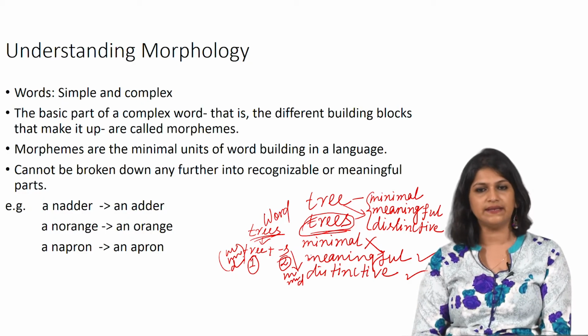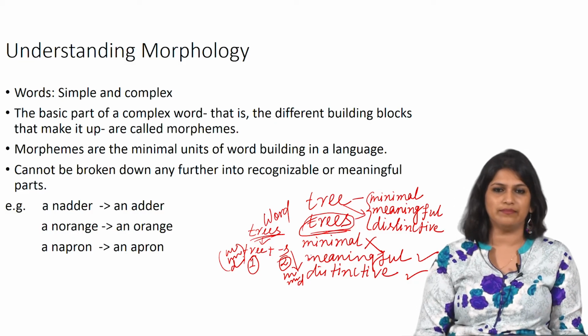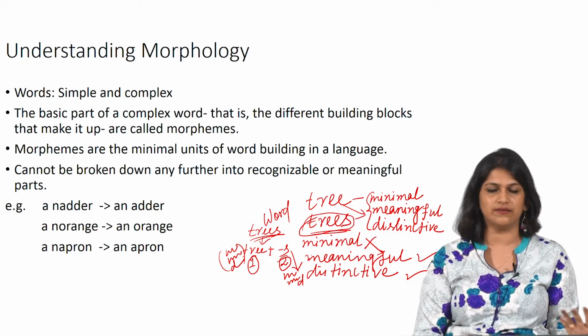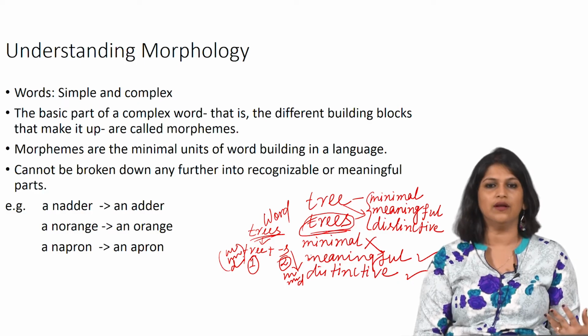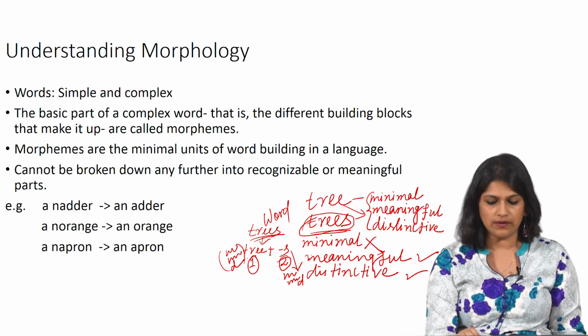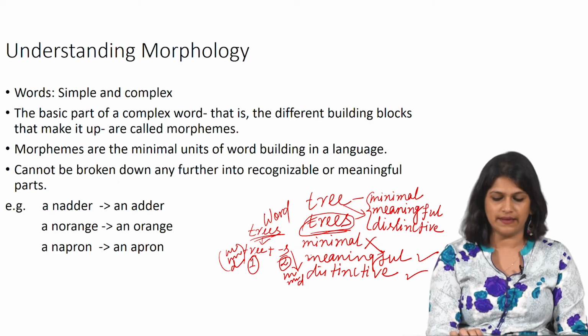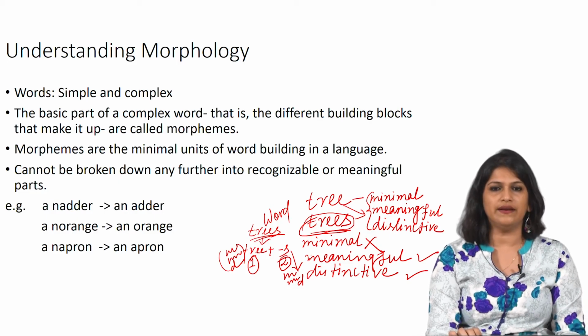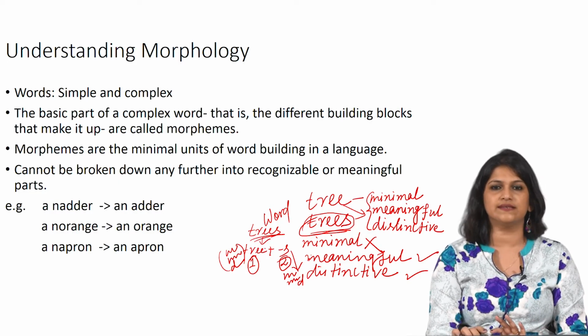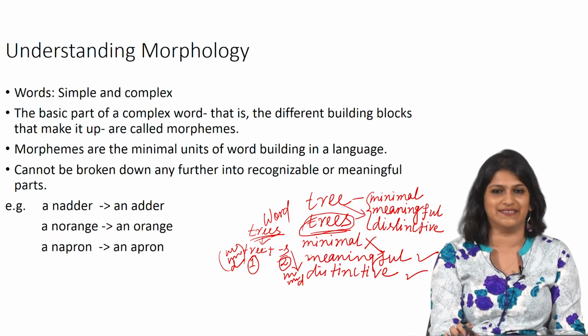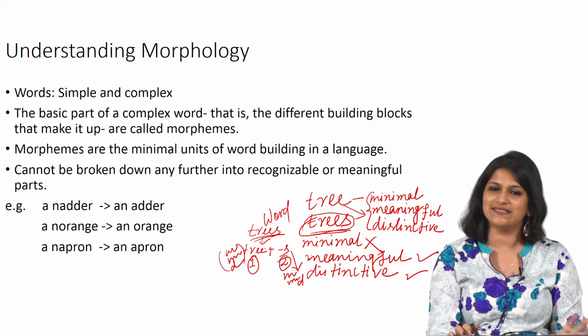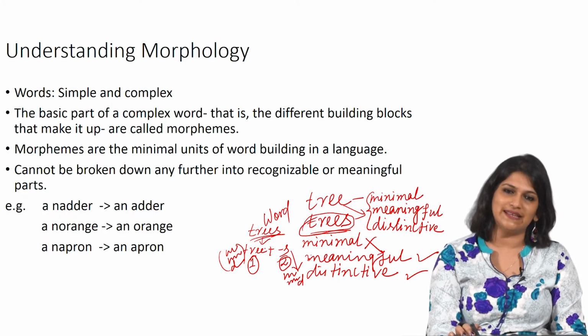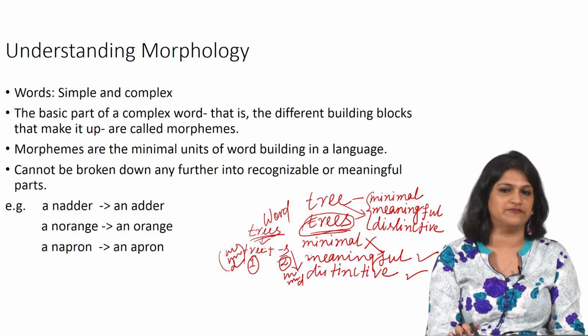It is dependent on the tree to make it a completely meaningful word. So, if you compare, then tree would be called a free morpheme. It does not need anyone, it is free, it is liberated in that sense. It does not require anyone's help to stand, it is self-sufficient.